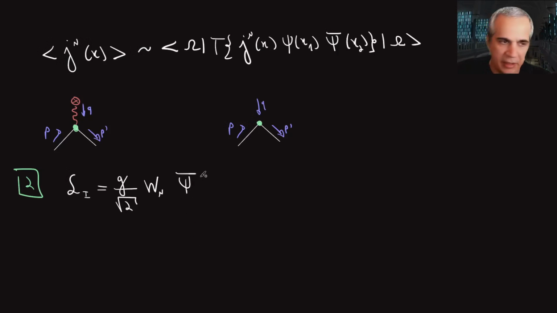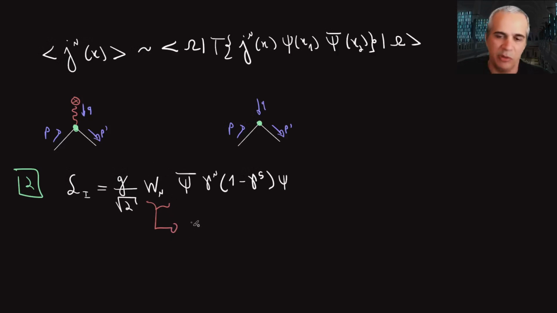Let me write the interaction. This is not some ad hoc interaction. It's actually inspired by the electroweak interaction with quarks or leptons. It's exactly this one. Now I'm taking this W boson here. Imagine it has a mass, and that mass is quite high. You can say this guy is a massive vector boson.